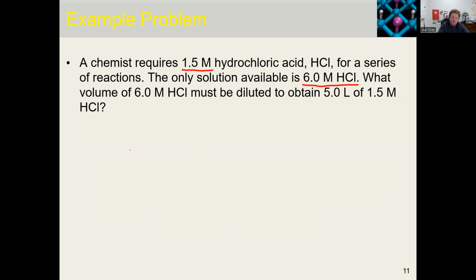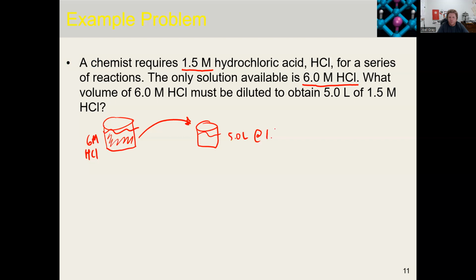So this question gives you 6 molar HCl. What volume of this needs to be taken and added to this new solution for us to have 5 liters at 1.5 molar?